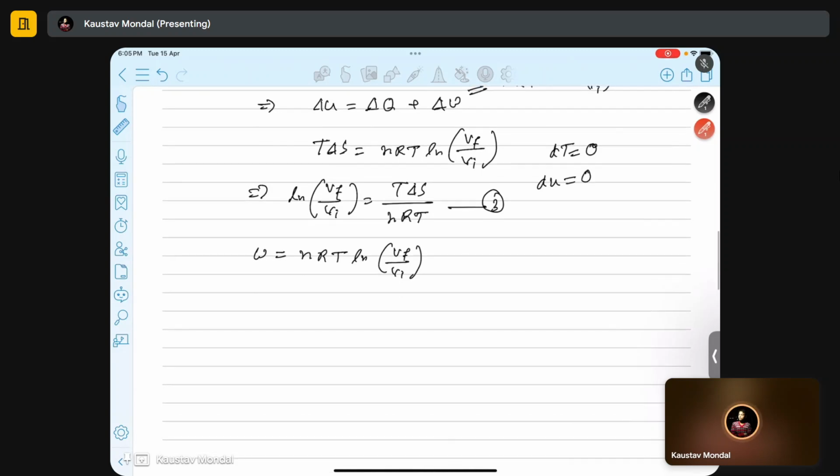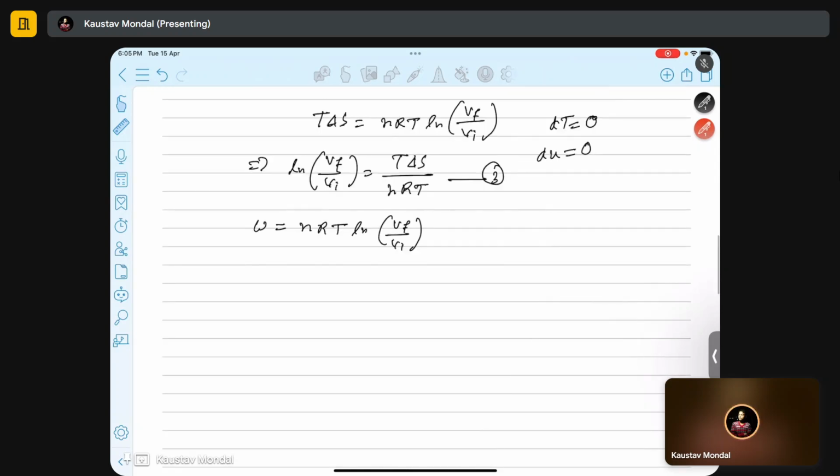Now, if you substitute this expression, substituting 3 in the expression of work done, what will we get?